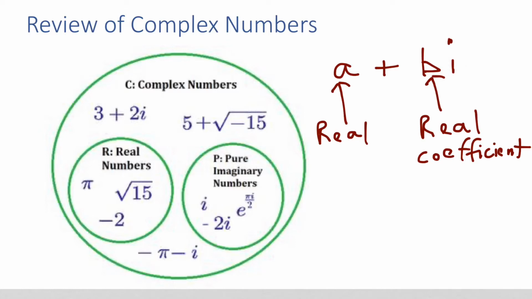So if you have a real number here, which doesn't have an i part, that just means that the b is 0. The coefficient of the imaginary part is 0. And if you have a pure imaginary number, which doesn't have a real part added to it, then the a is 0.